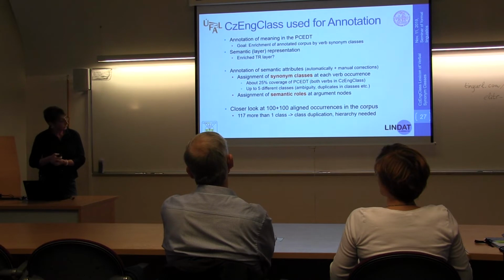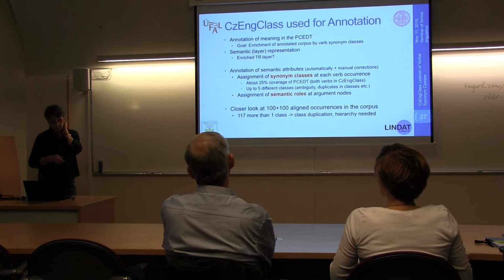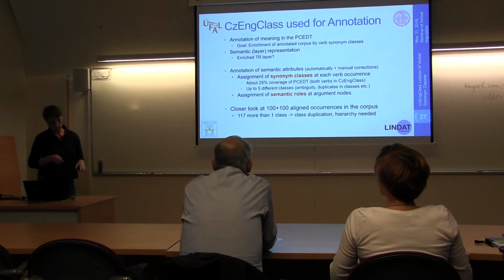So we wanted to add the semantic information to the individual verbs. We wanted to assign the synonym classes, and to the valency arguments, we wanted to assign the semantic roles.